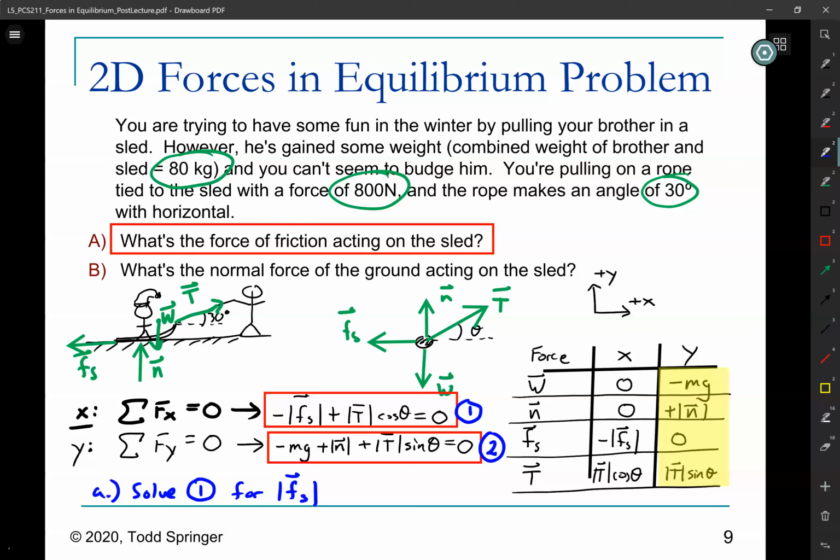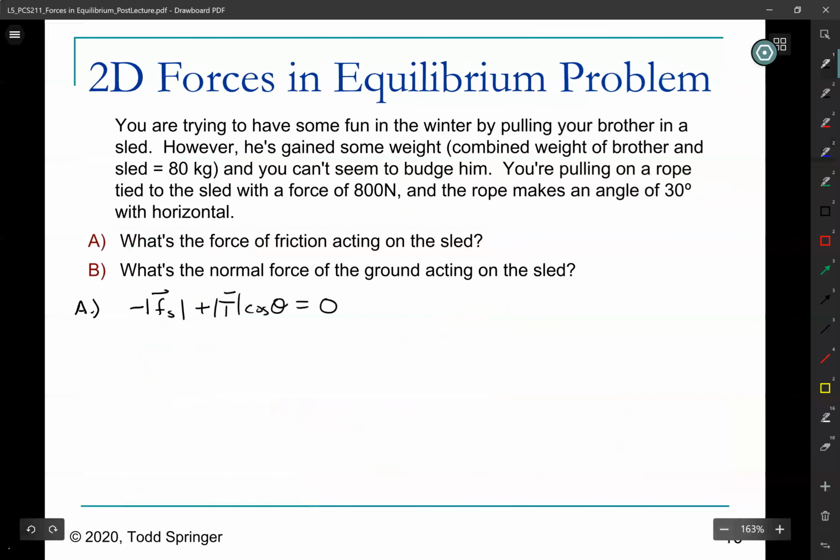So let's do it. I'm going to go to the next slide so you'll remember this equation. Solving for the static friction force magnitude, it's T cosine of theta. Plug in the numbers. The magnitude of the tension is 800 newtons. The angle theta is 30 degrees.